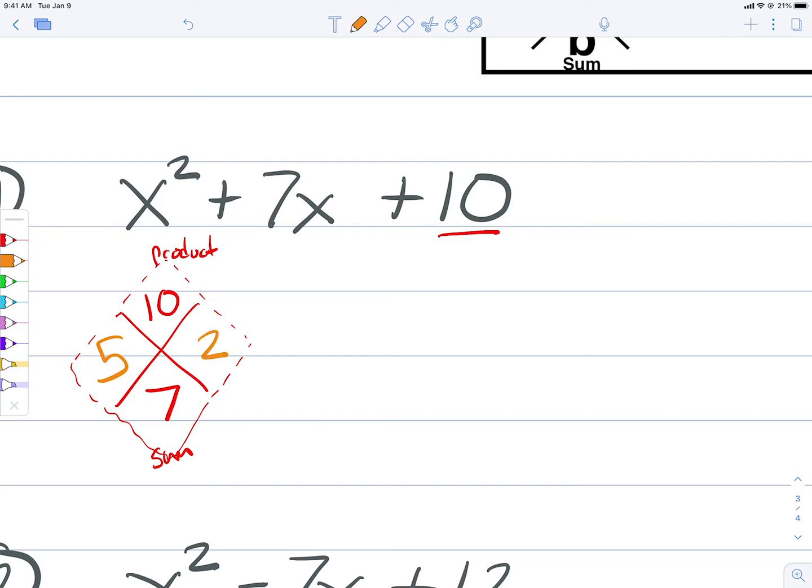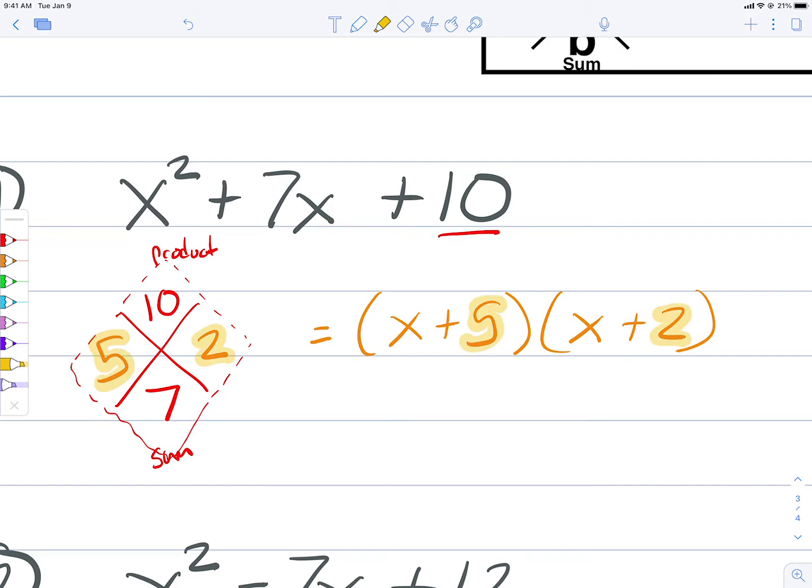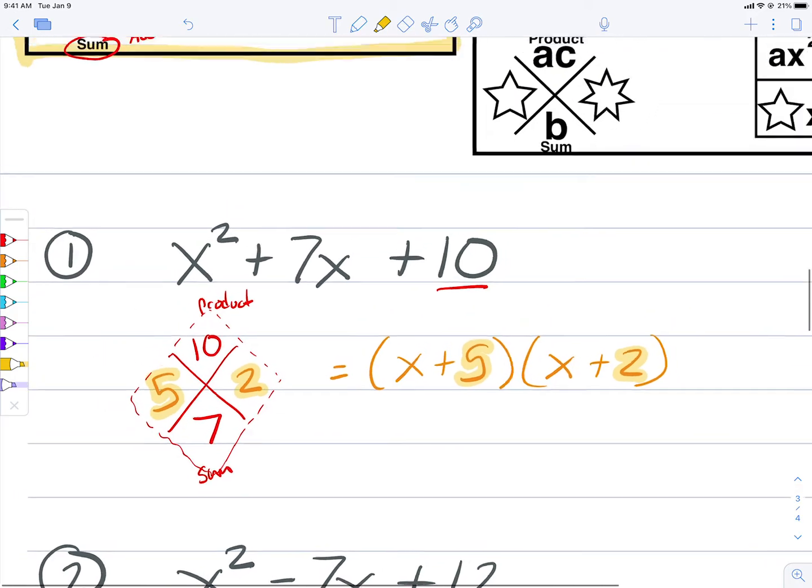So this part's kind of like a number puzzle. What two numbers multiply to 10 and add to 7? 5 and 2. So that means that what was multiplied was x plus 5 and x plus 2. So the 5 and the 2 were like the key numbers that we found, so those go in the binomials.